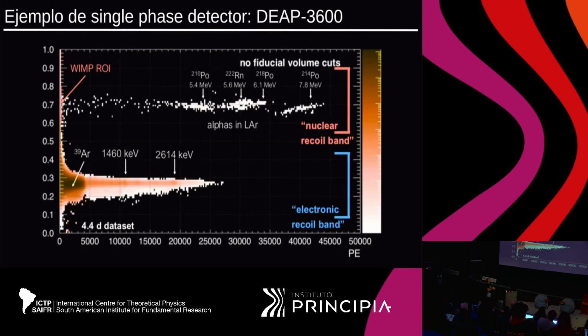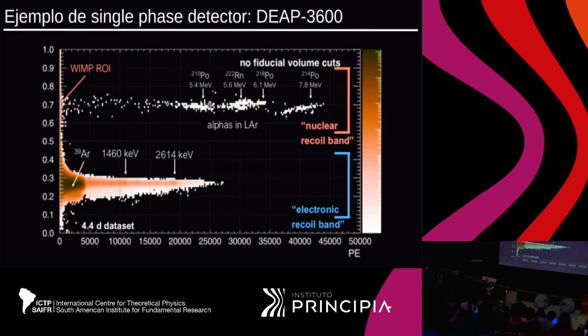And here is real data. This is from DEAP. What you can see here is this band, that is the electron recoil band, and in this section here are the events that are produced by nuclear recoils. Just by selecting in these two variables, you can essentially discriminate between nuclear recoils and electron recoils.